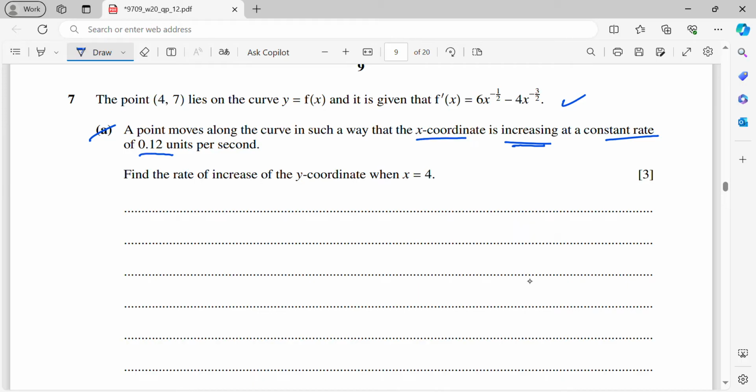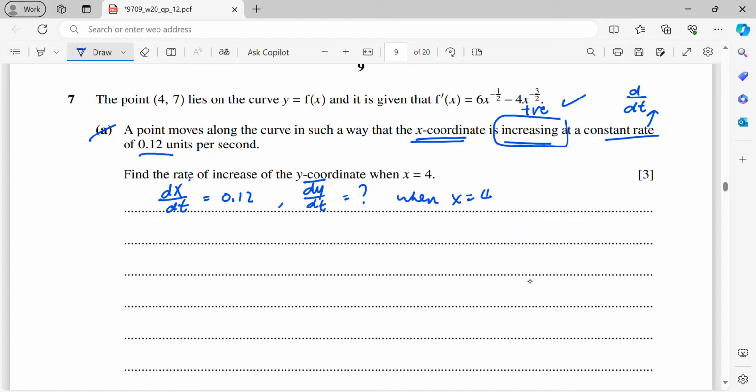Now, when you look at here, that means dx/dt, because whenever you see rate, that is d over dt. Since it is increasing, it will be positive. Alright, so I will get 0.12. Now find the rate of increase of y, dy/dt, when x equals 4.